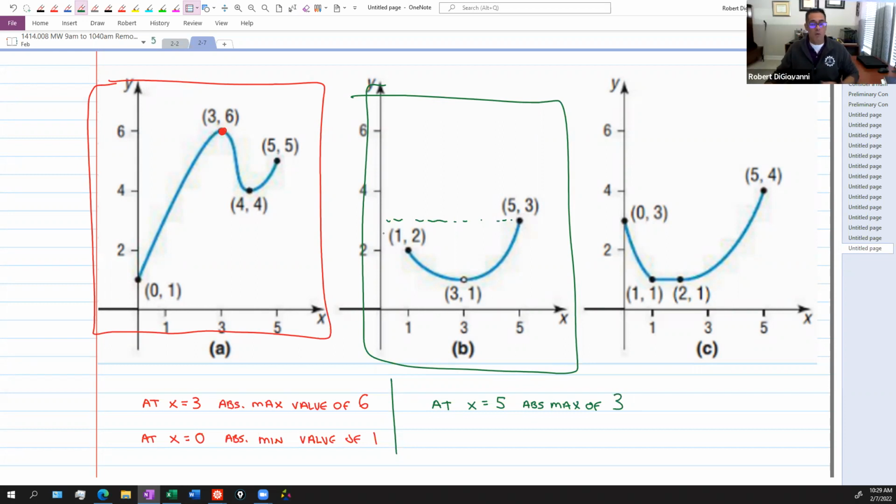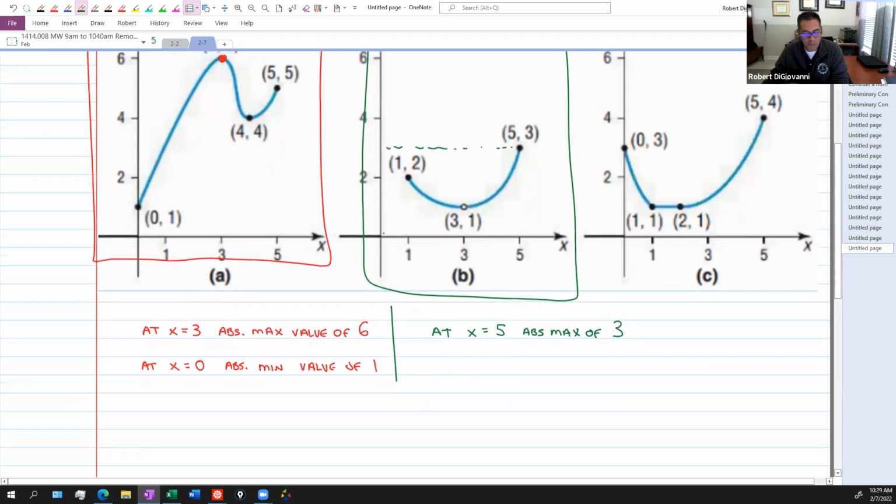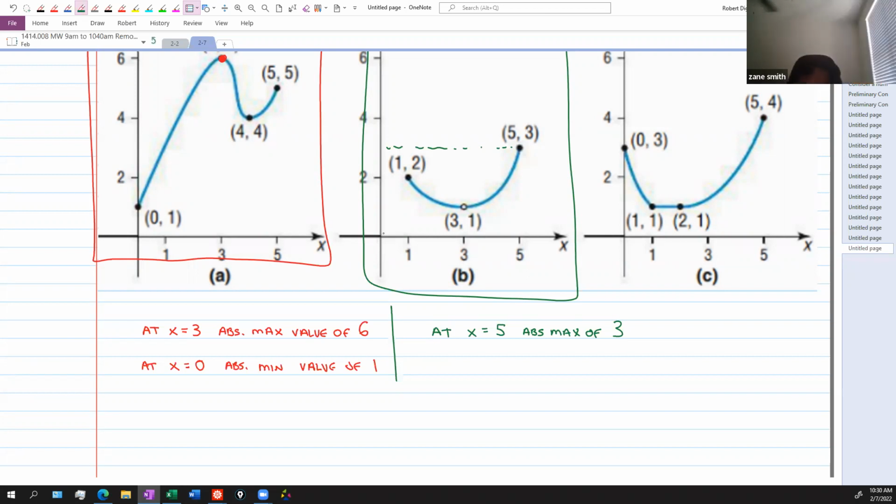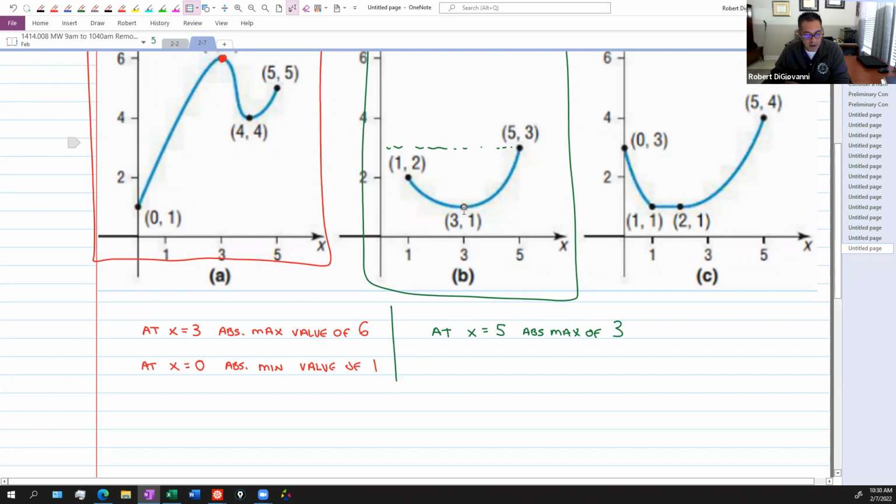The next question, I'm going to open up to the entire class. What about an absolute minimum? Is there a lowest point on this graph? Is it 1 because the 3 is not included? Okay, so at this point right here, we have an open circle.